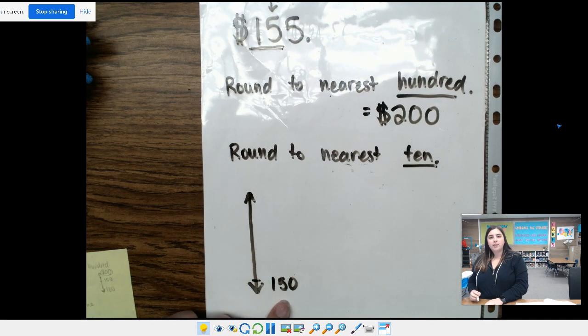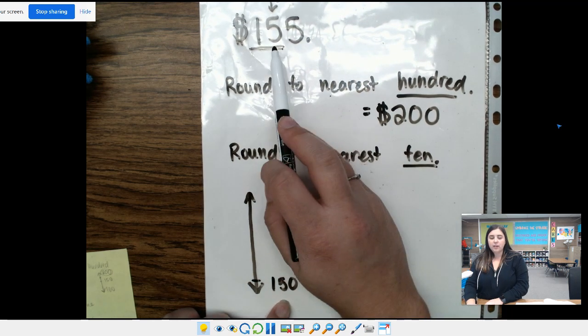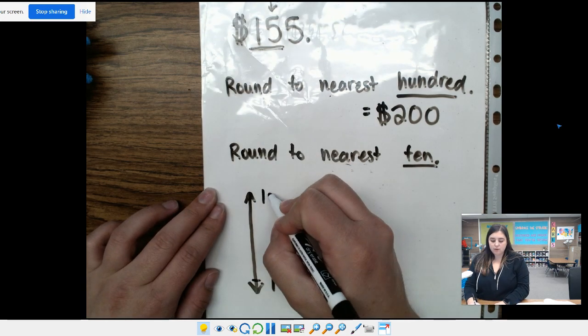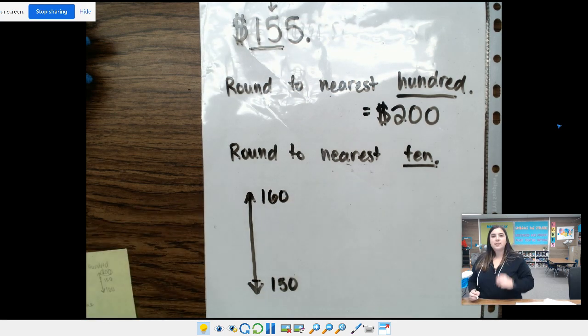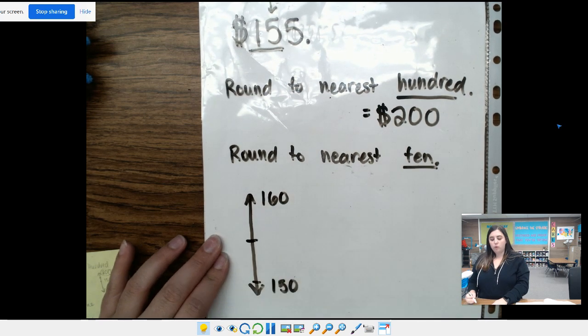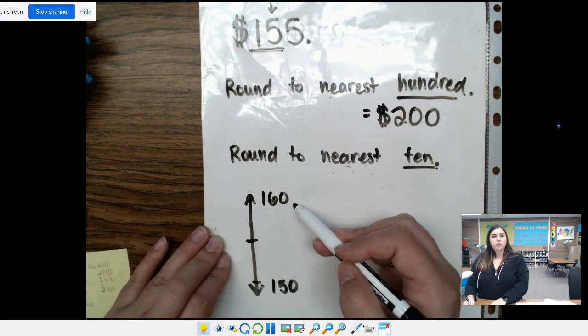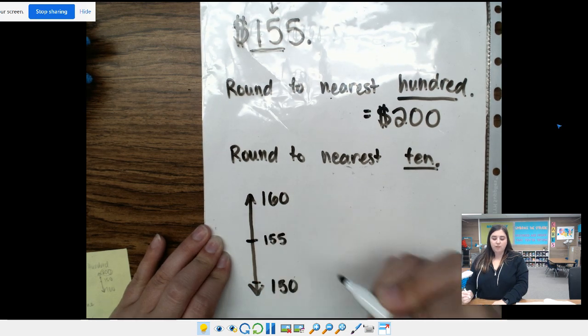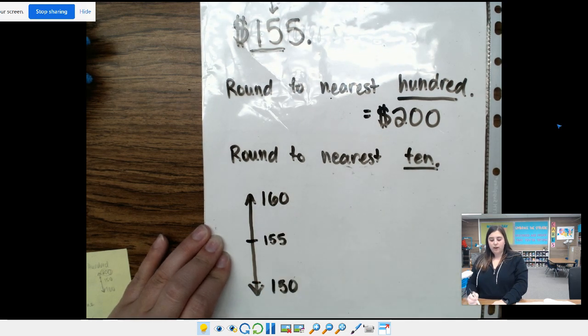What if I add a 10 to this? So I have 5 tens. What's one more? 6 tens. So that would look like this. 160. So again, I'm going to think, what is in between 150, 160? That should be 155. Right in between these two.